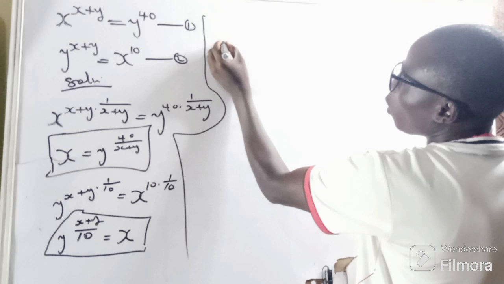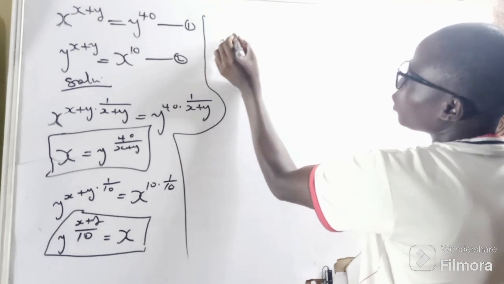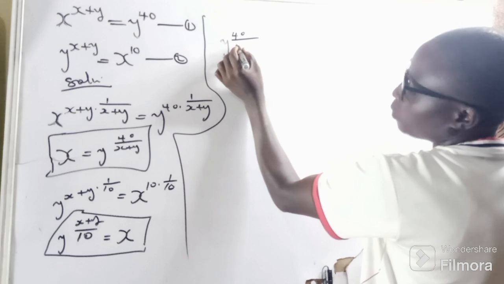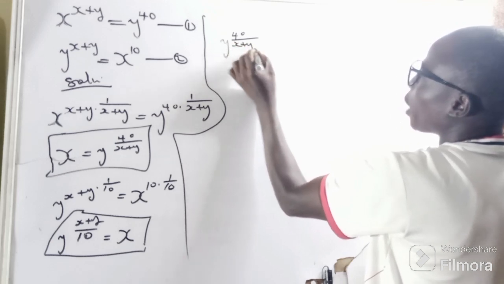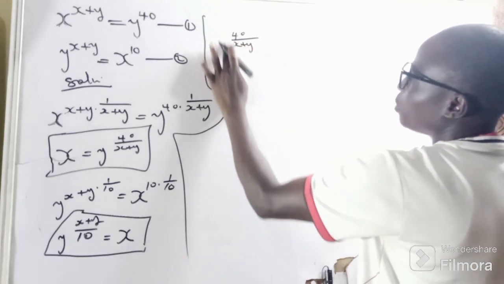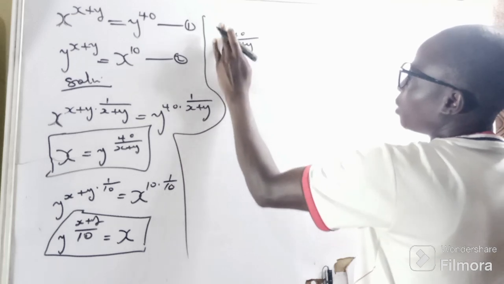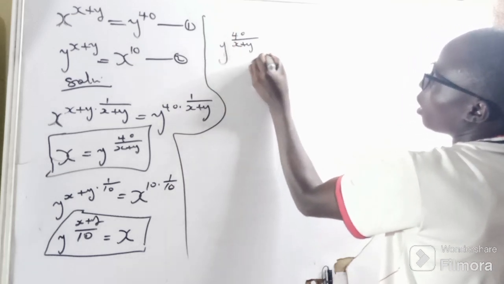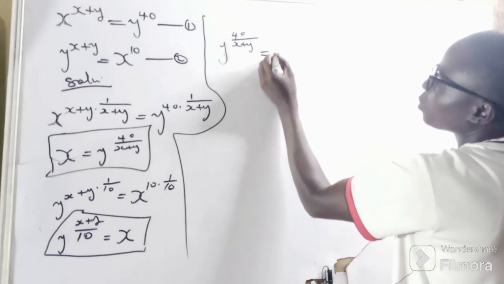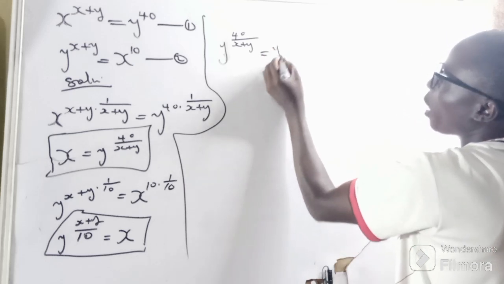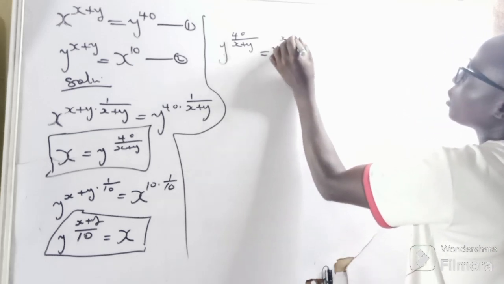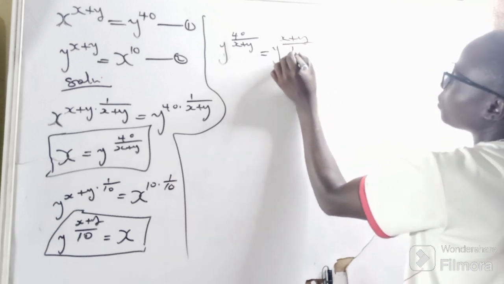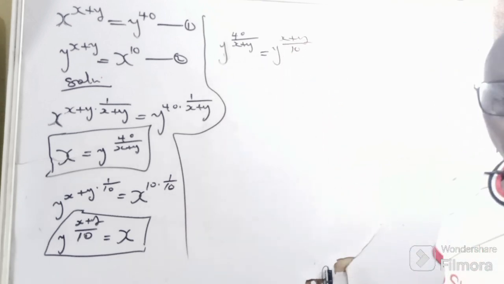So that means y to the power of 40 divided by x plus y is equal to y to the power of x plus y, or y plus x divided by 10.